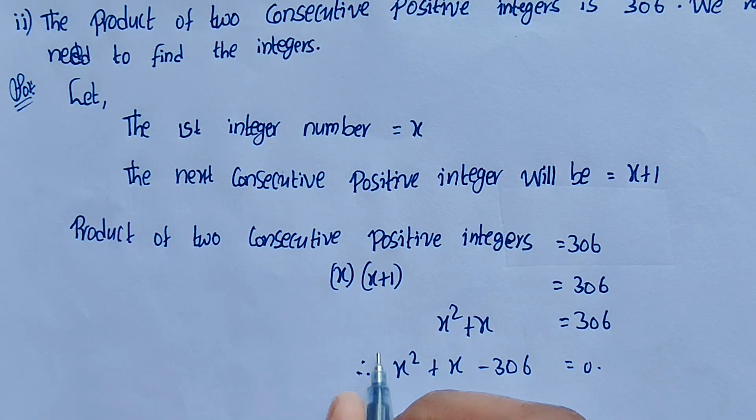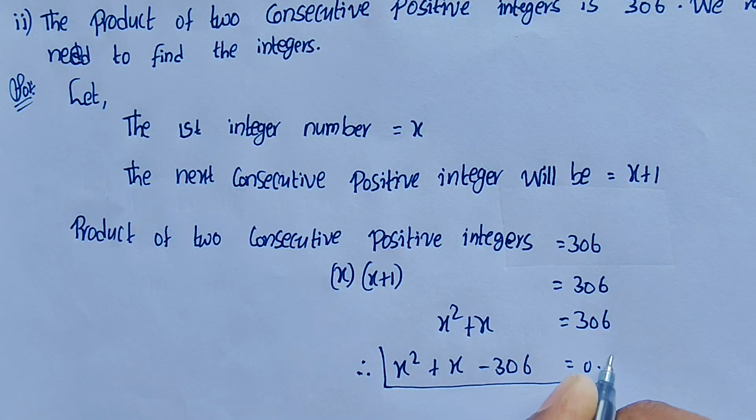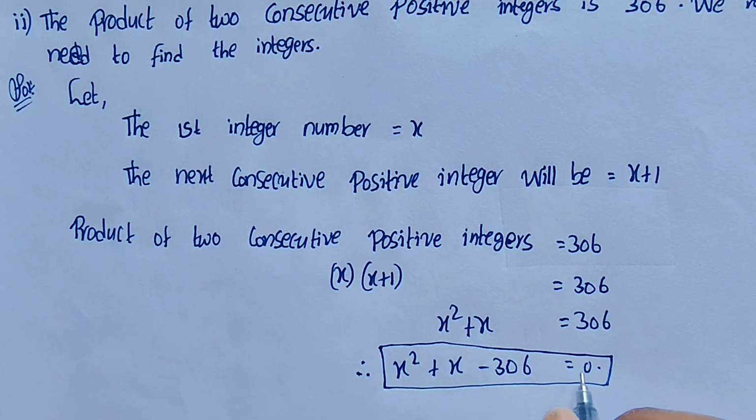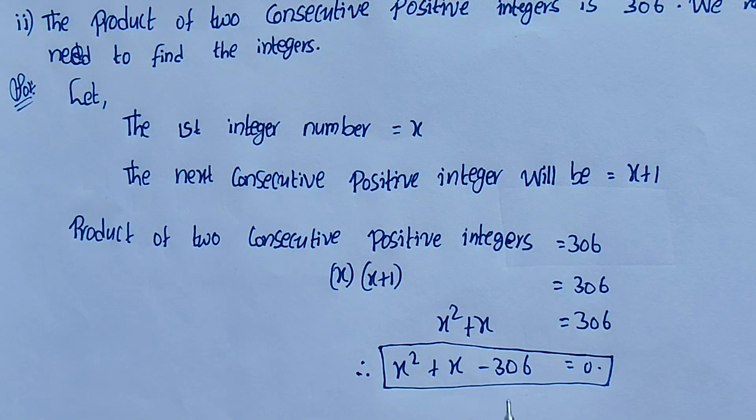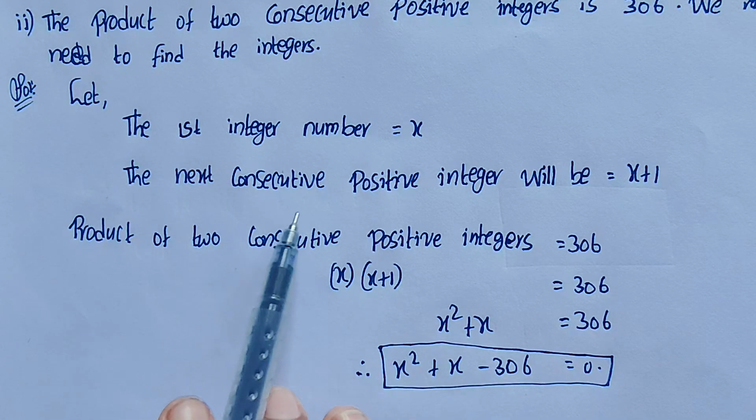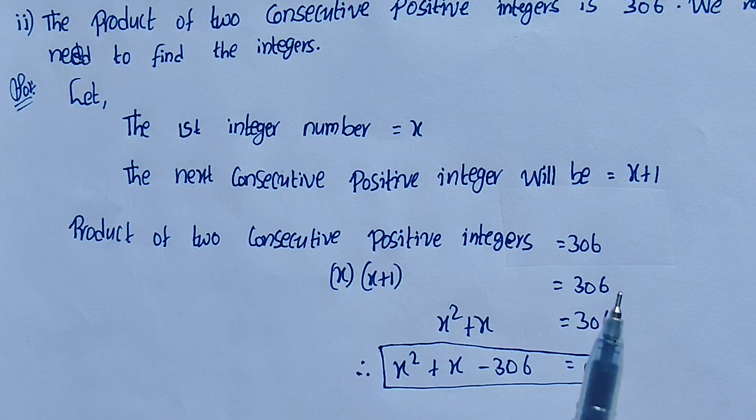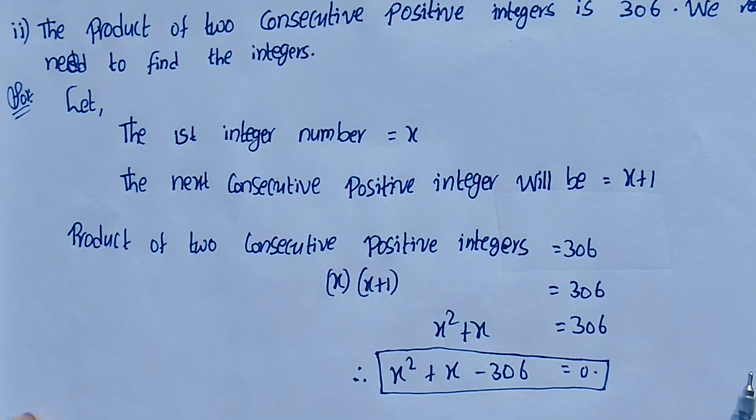Therefore x square plus x minus 306 equals 0 is the required quadratic equation, and by solving this equation we will get the value of x. Through the value of x we will get the first integer number and the next consecutive positive integer. So I have completed the second problem.